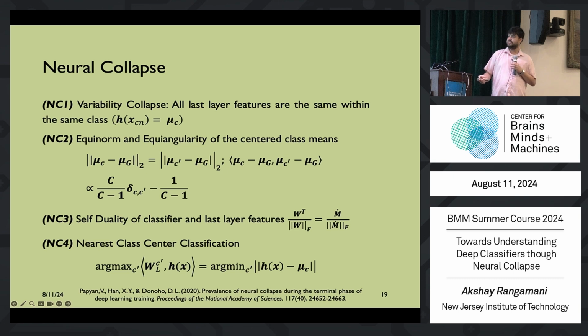Then you have the self-duality of the classifier matrix and the last layer features. Again, collect your centered class means into this matrix, and if you normalize them, they're the same matrix. And finally, you can do the nearest class center classification rule, and that does the same thing as the classifier.